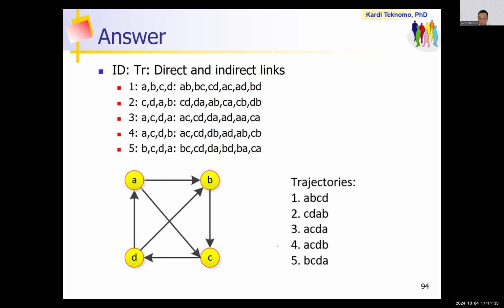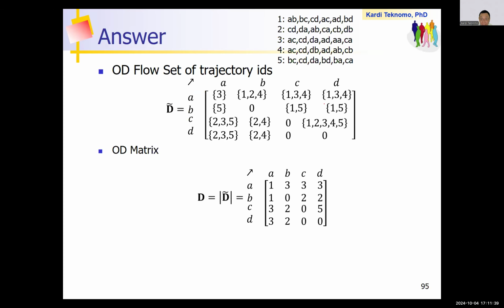From there, you can see here these are the trajectory IDs, and here are the direct and indirect links. Then you can put this into the OD flow set.